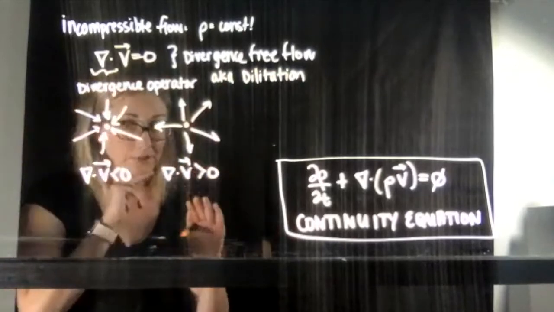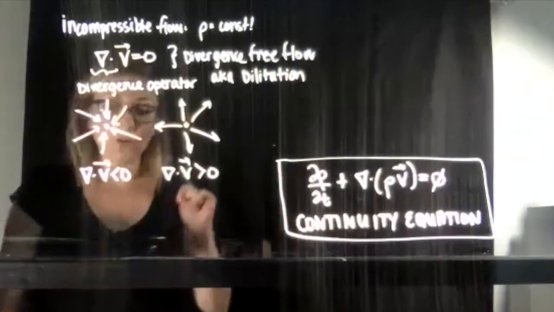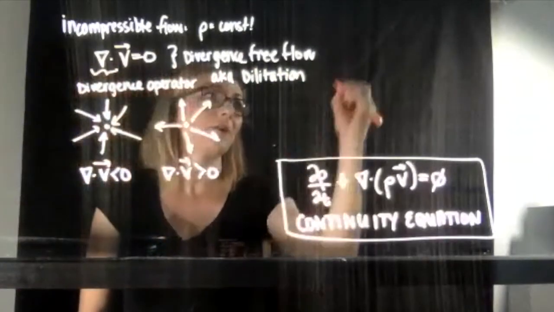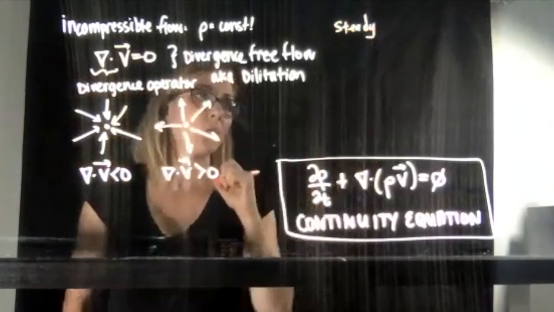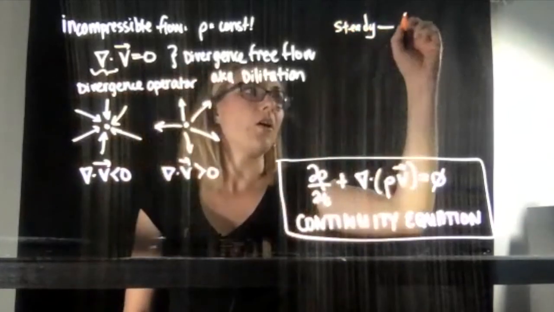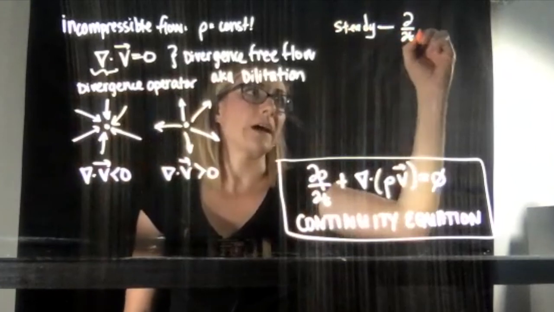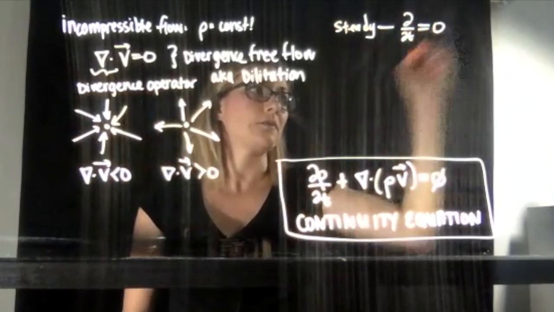Okay, in addition, we can also have a condition of steady flow. So if flow is steady, we know that all of our derivatives with respect to time are going to go to 0, right?